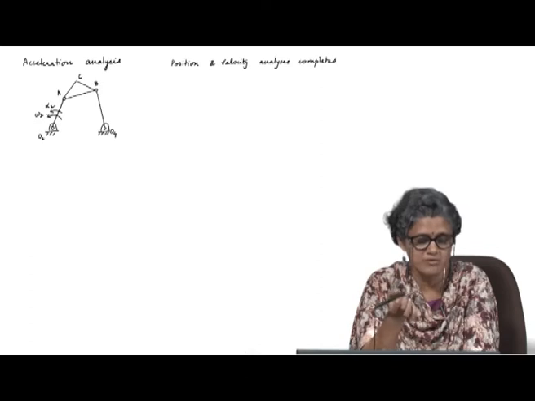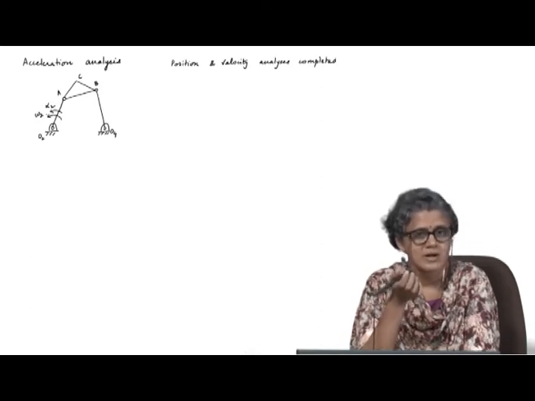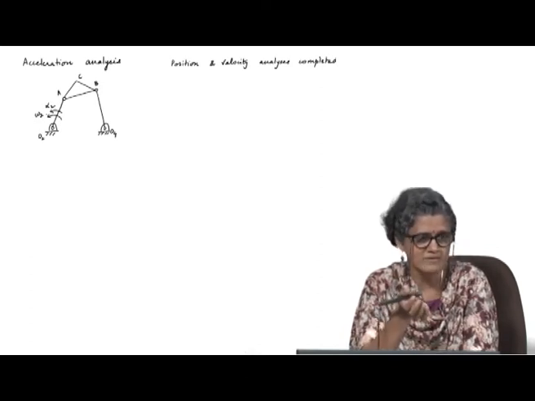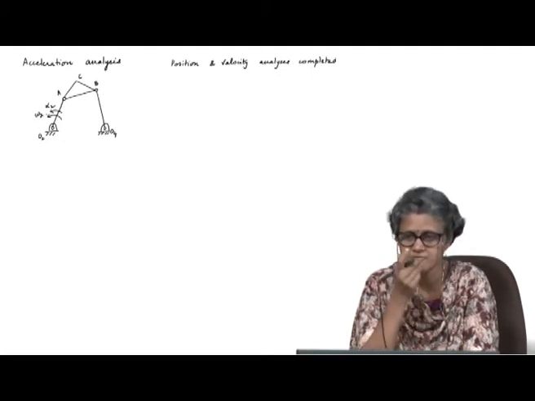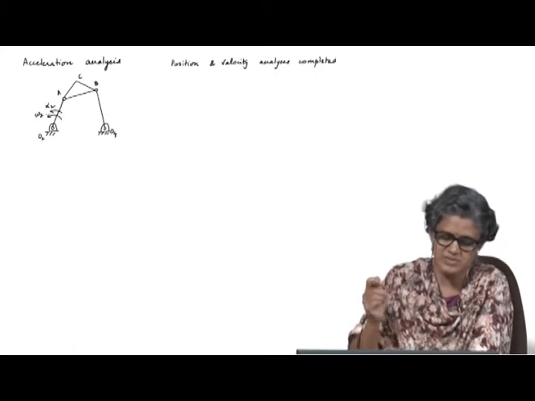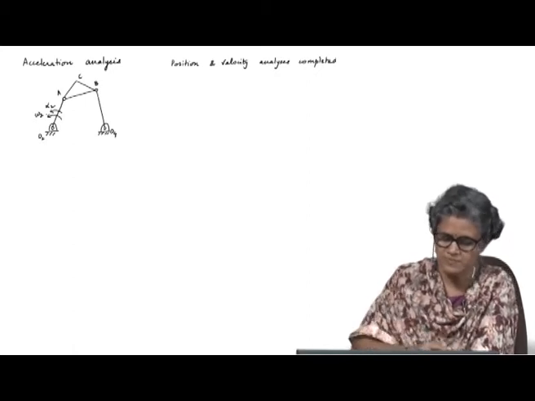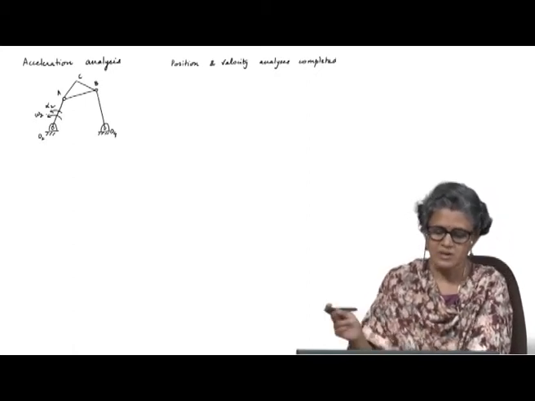So, that could be in the form of a constant angular velocity, which would mean alpha 2 is 0, or I could have some other, non-zero alpha 2. Okay.